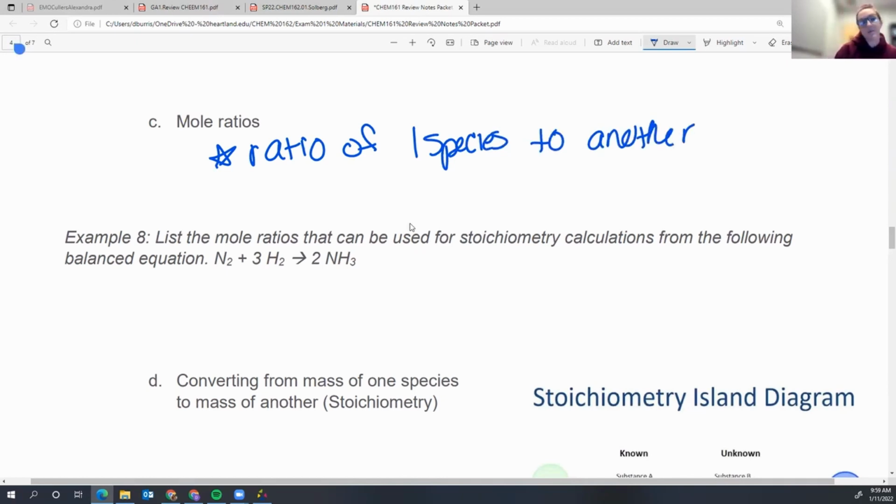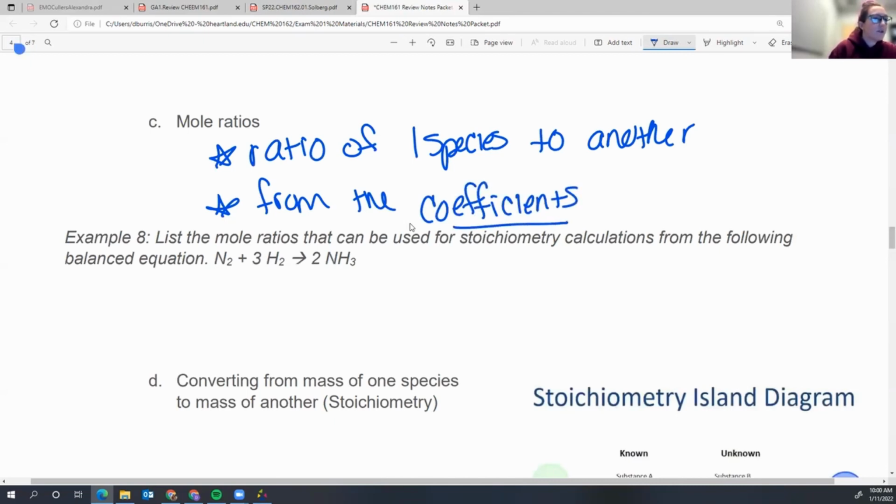You have to have a balanced equation in order to do this. That's why that part is so important. The mole ratios you pull from the coefficients, that's the important word, in the balanced equation. Okay, big numbers out in front.